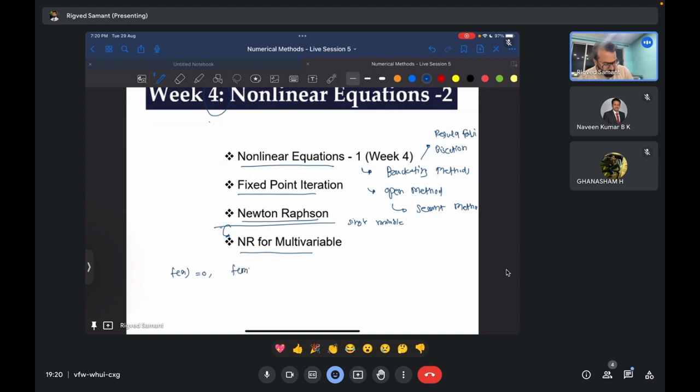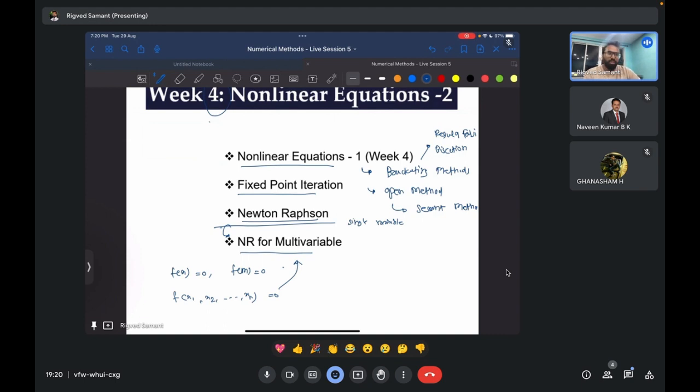Here it's f of x1, x2, up to xn equal to 0. In that case, you have to use the numerical method called Newton-Raphson for multivariable.